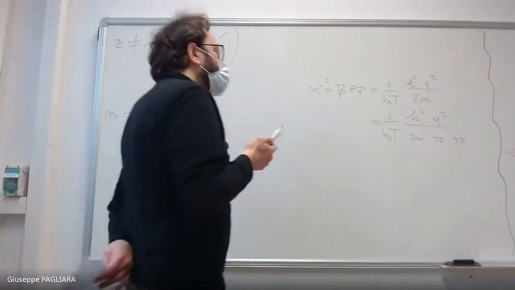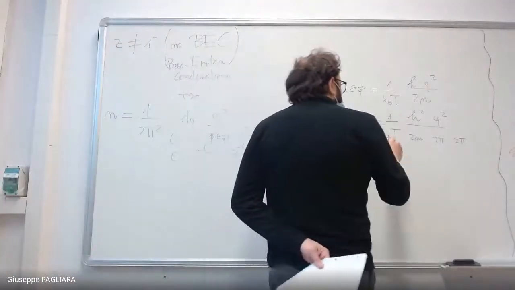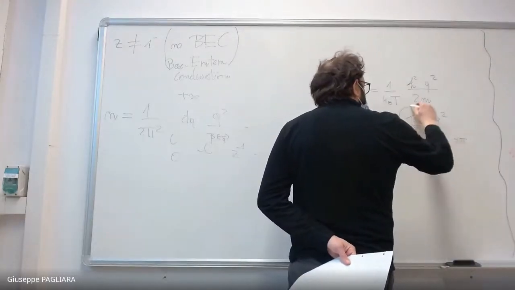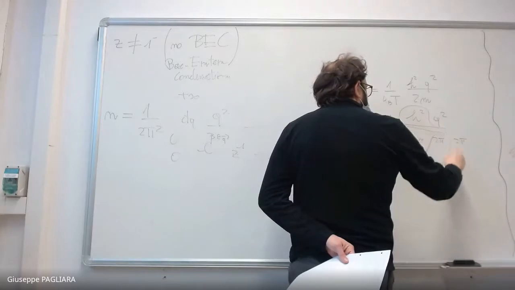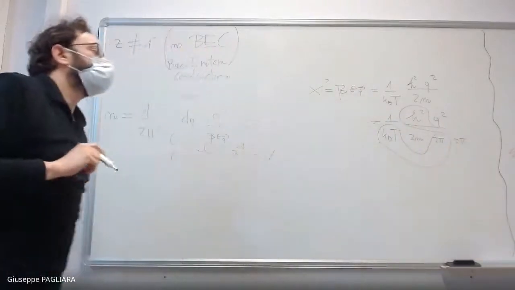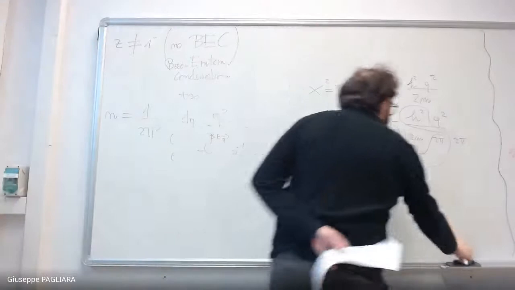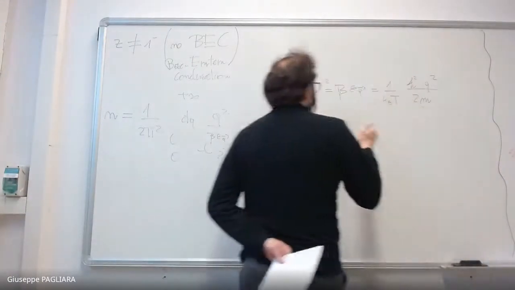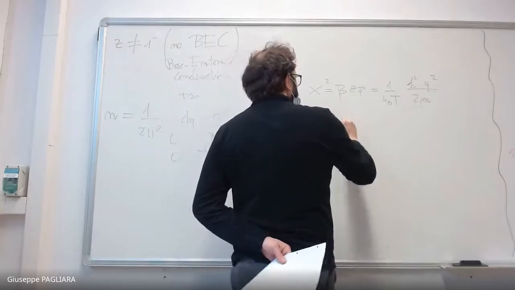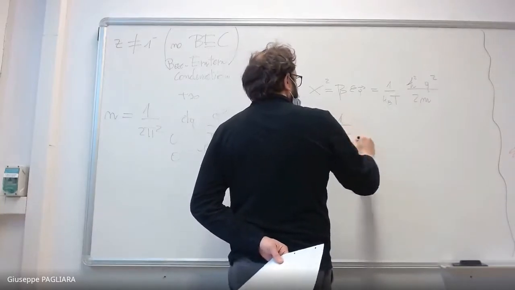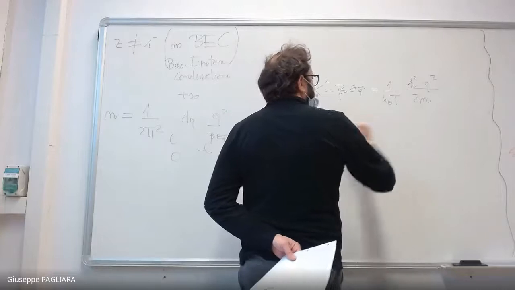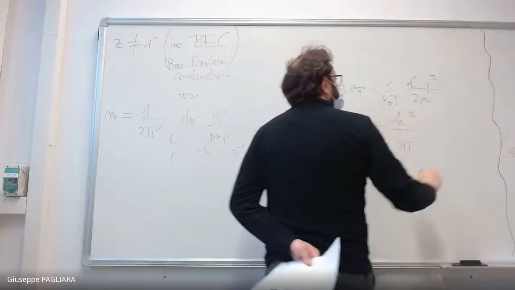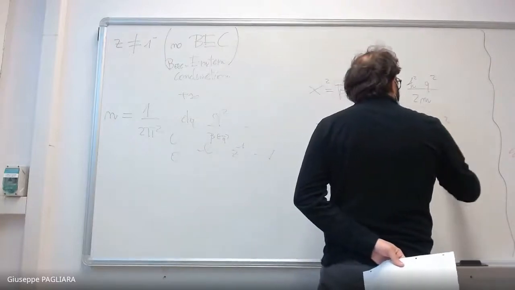So 1 over kBT, 2m, h squared, 2 pi, q squared, and 2 pi.